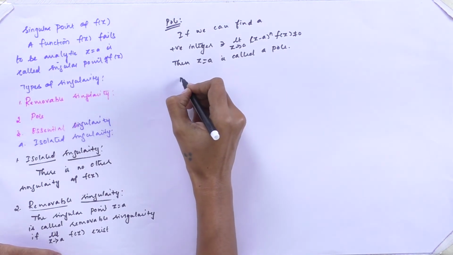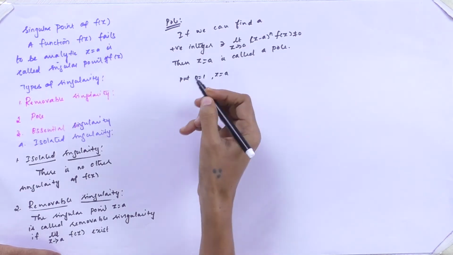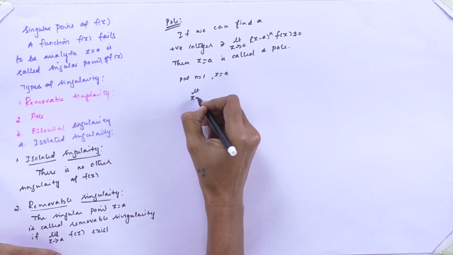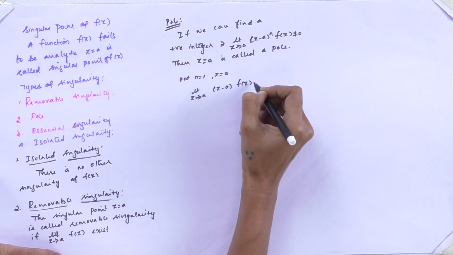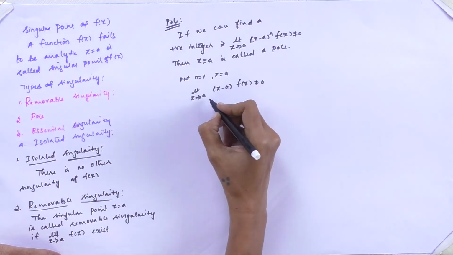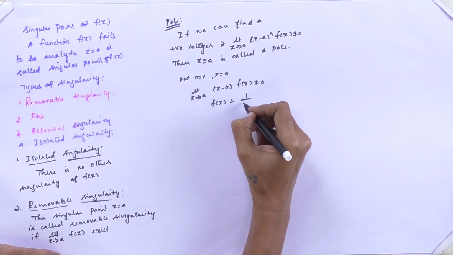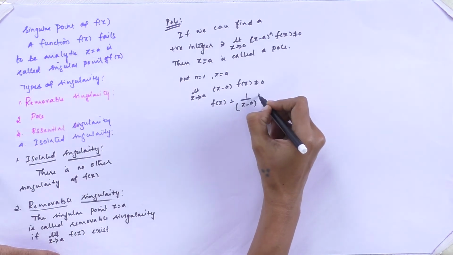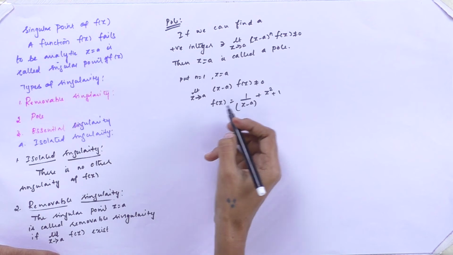Say for example, put n equal to 1 and z tends to a. So the limit as z tends to a of z minus a into f of z is not equal to 0. Therefore, the function f of z may contain the denominator z minus a, so 1 by z minus a plus some function like z square or some constant.